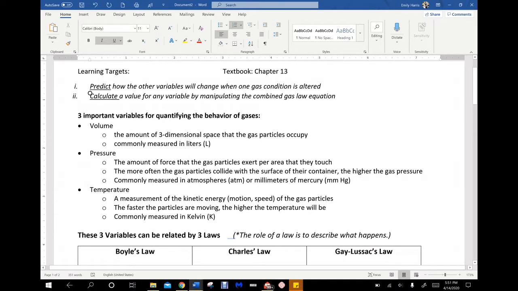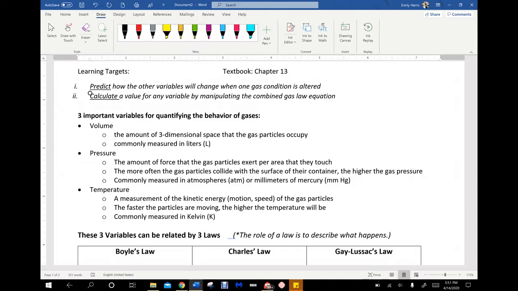Again, just a reminder about our three main variables. We have volume, which is the amount of space that a gas typically occupies, and typically it's measured in liters. Then we have pressure, which is the force that the gas particles exert on their container.